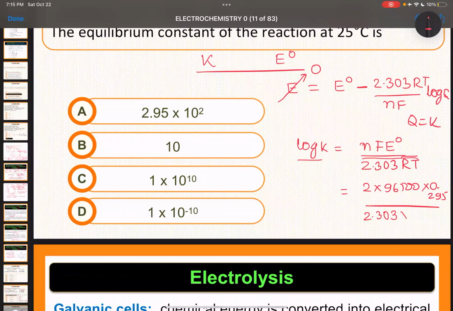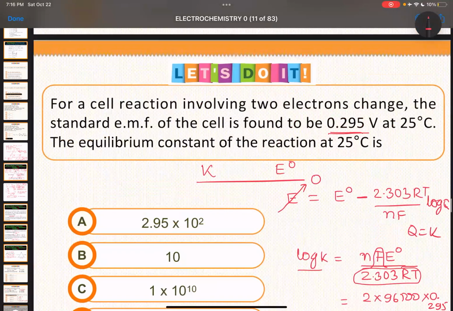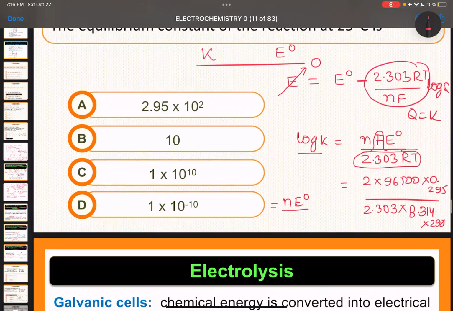Actually, 2.303 RT by F, the whole thing has a value of 0.0591. Though you can write it as 8.314 into 298, whatever the temperature is. But you should know that 2.303 RT by F, we used to put it over here as 0.0591. I will write 0.06, that will make my calculation easy.